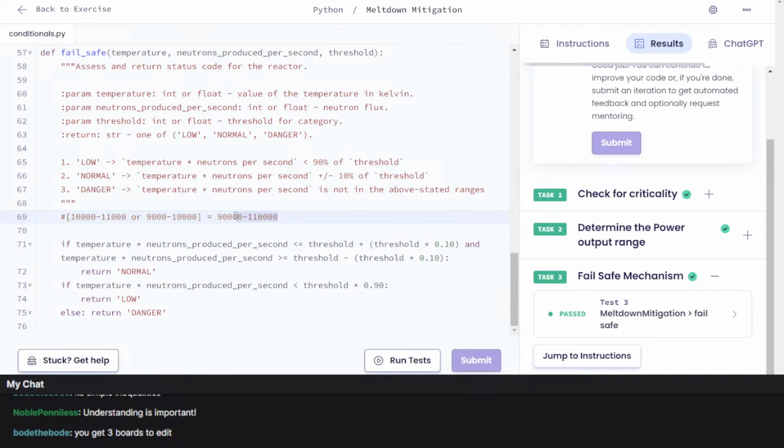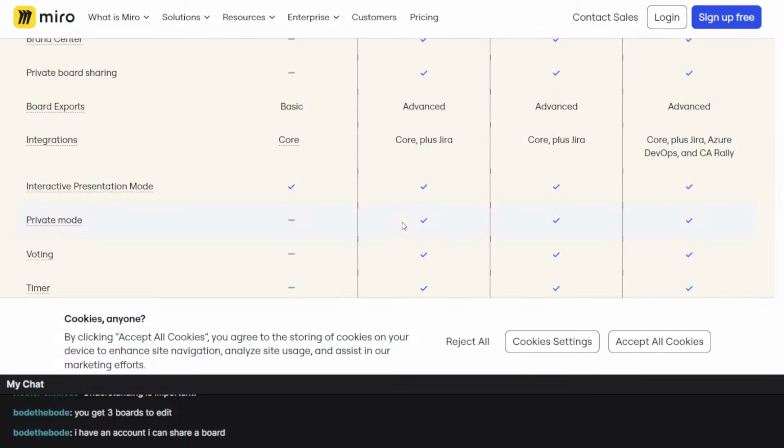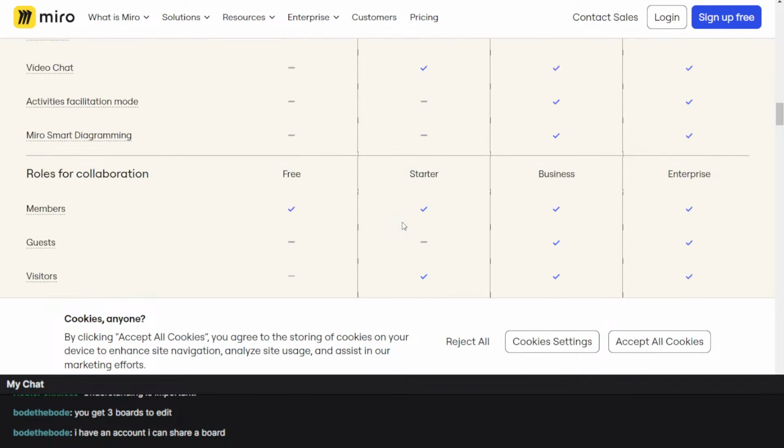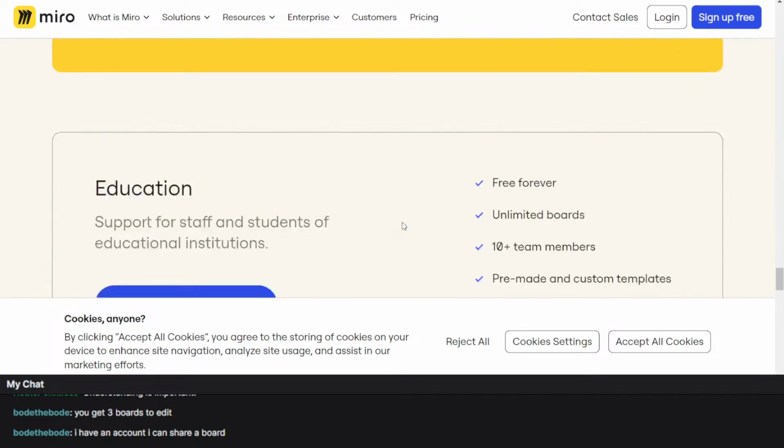I at least get now what you are saying. That's nice. Bodefi Bode says you get 3 boards to edit. Oh, that's all it means. Okay, fine, because I can keep erasing the boards anyway. Bodefi Bode says I have an account and I can share a board. Oh, you mean like a paid account? Or something? Do I just need to make an account?